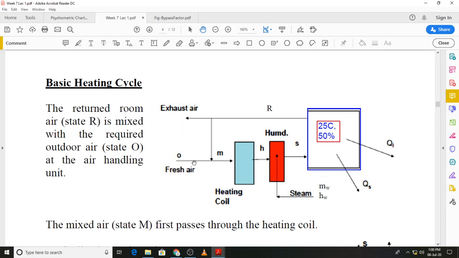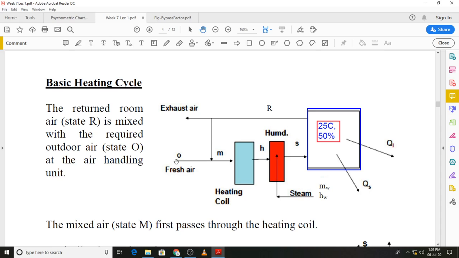But that is very much energy inefficient, because the energy that you are supplying in the coil and for humidification, all that will be then exhausted, and you will have to start afresh. That means the outside air, let's say, is at 10 degrees C and it has a very low humidity ratio.